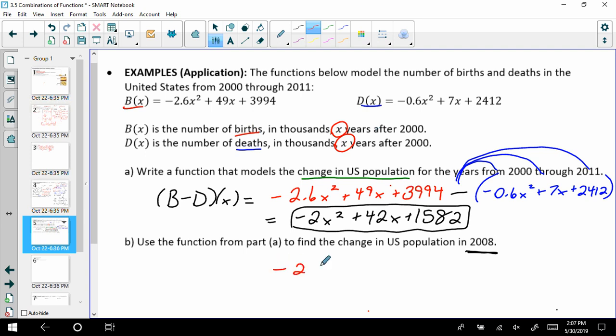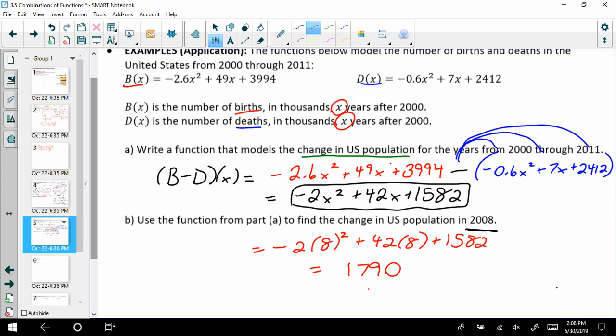So anywhere I see an x, I'm putting in an 8. And then I want you to simplify that and we'll have our answer. So if you were to do that math in your calculator, you should get 1,790.